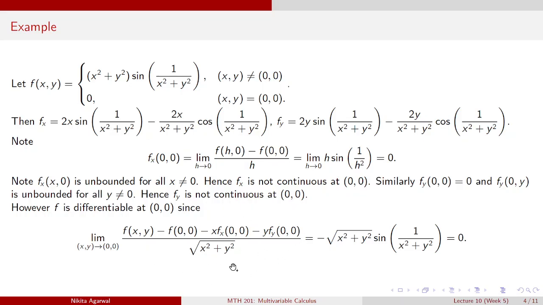If you plug in all the values from here, this is what you get, and this goes to 0 because this term is bounded and this term goes to 0 as x, y go to 0. So this is an example that the first reverse implication does not hold true.